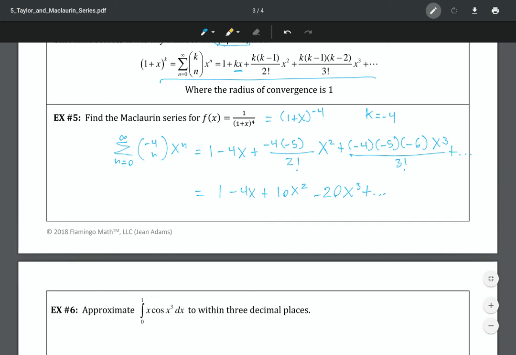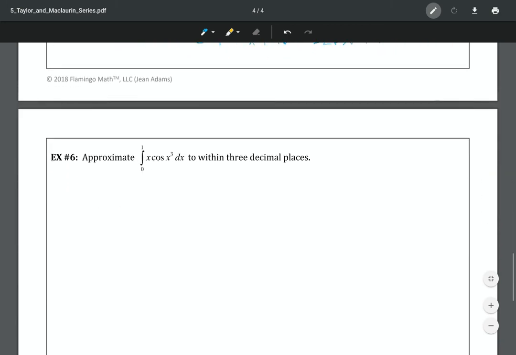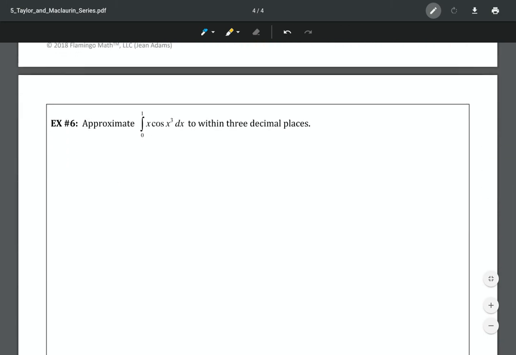All right, so let's move on to the next one because I know I'm going really long, but a lot of your problems are going to be more like what you'll see in example 6. On example 6, we're going to try to approximate this, but hopefully we already know one of the series that approximates cosine, which I'm going to write on here for just a second.